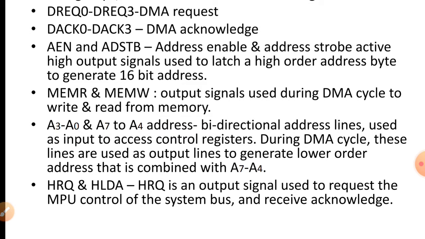Now, as far as the addresses are concerned, A3 to A0 and A7 to A4 are the bidirectional address lines. A3 to A0 are bidirectional address lines which are used as input to access the control register, and during the DMA cycle these lines are used as output lines to generate the lower order address bus, which is combined with A7 to A4.